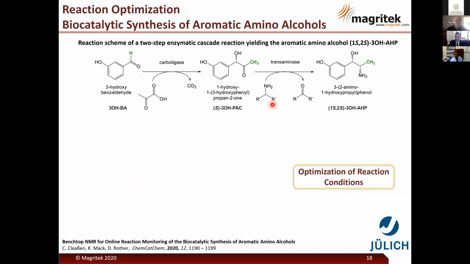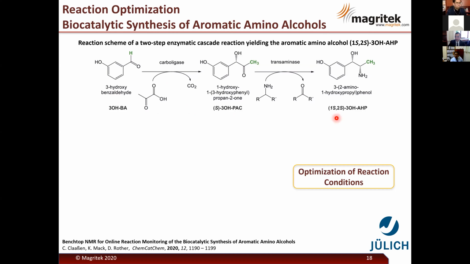The first step used an enzyme called carboligase to convert the hydroxybenzaldehyde to hydroxyphenylpropanone here, with the co-substrate pyruvate and the side product CO2. The second step used a transaminase enzyme with an amine donor to install the amine moiety in the final product of hydroxypropylphenol.